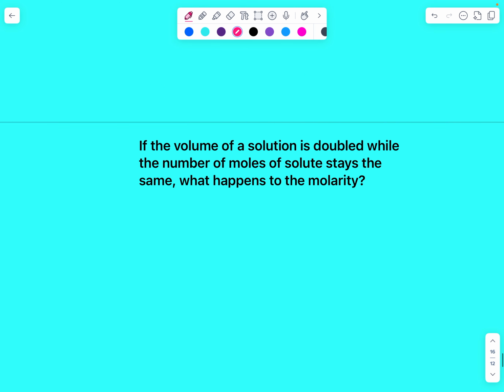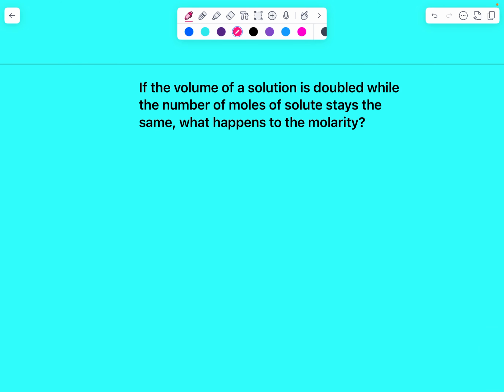Let's try another one. If the volume of a solution is doubled while the number of moles of solute stays the same, what happens to the molarity? So here's the deal. Molarity is cut in half because molarity, and this is something you got to know and drill it into memory, molarity is inversely related to volume.